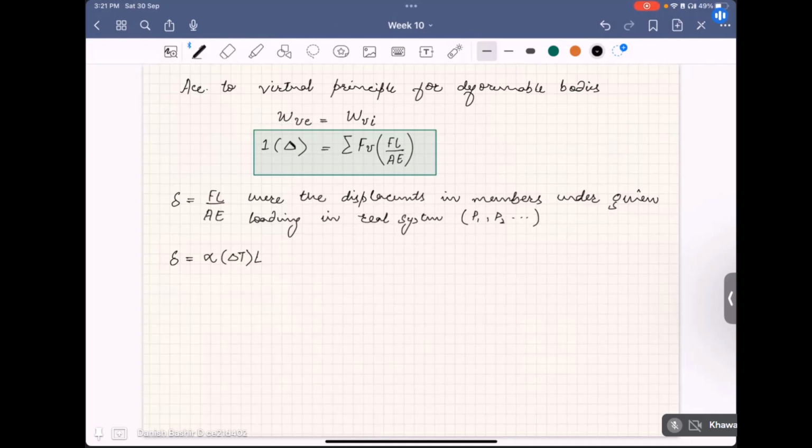So this will be because of temperature change of delta T in our member.